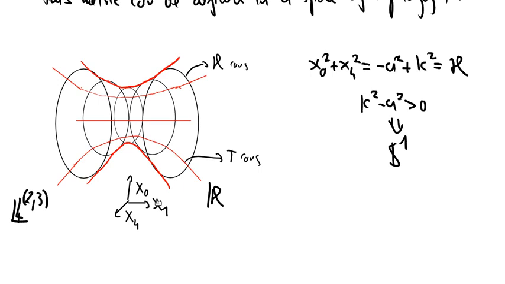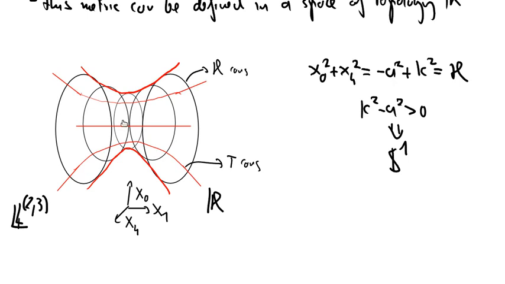But it turns out that we can define also our metric on a 4-dimensional space which has topology R4. And how do we go from this space to the space with topology R4? It's the same as what we do to go from the cylinder to the plane. We take the cylinder and unwrap it and get a plane.